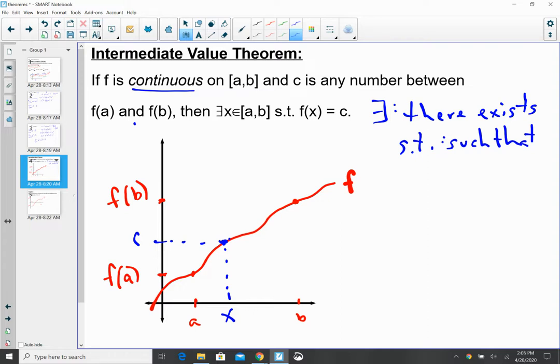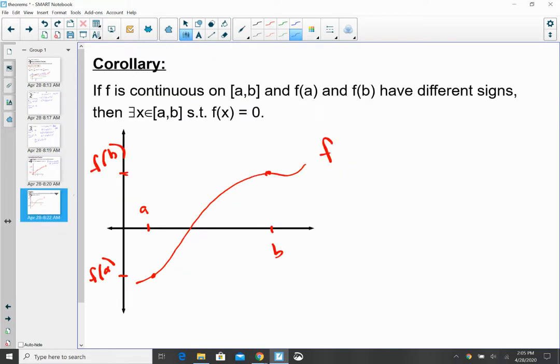Now there's a corollary to the intermediate value theorem, which means follow-up. And it basically says this: if f is continuous on A to B, and here's where things are different, f of A and f of B have different signs, one's positive, one's negative, then there exists an x value in the interval from A to B such that f of x equals 0. You're like, what are you saying there, dude?